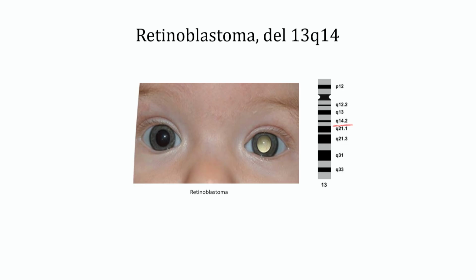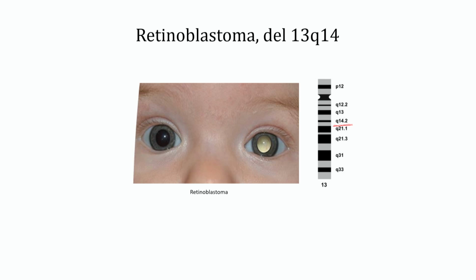Now see here, if such a deletion is in heterozygous condition, that means one chromosome has the normal 13q14 region and the other chromosome has the deletion. What will happen to such heterozygotes?